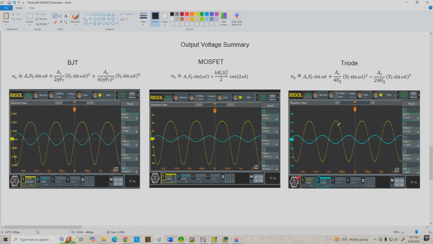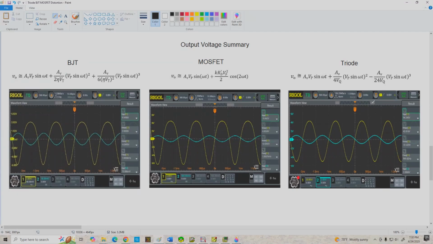In practice here, with such a large output, it's probably closer to 5% in reality, but this is one of the reasons why triodes are preferred in guitar amplifier applications over MOSFETs or BJTs. They just have a totally different response equation, and it manifests itself in a nicer sounding distortion.